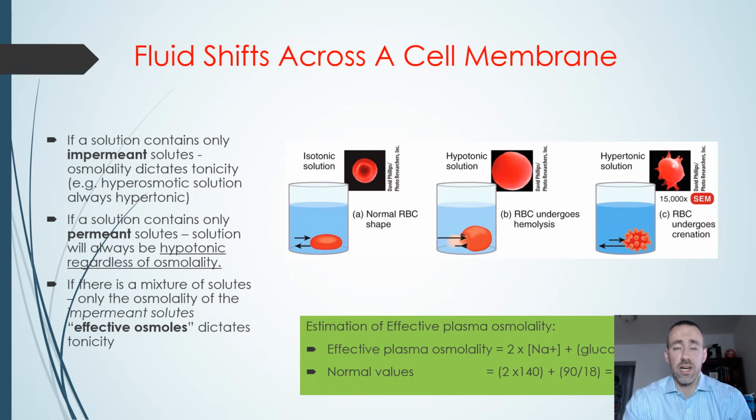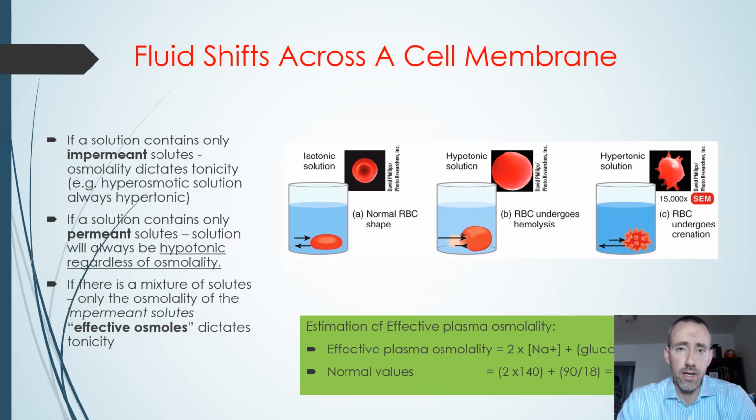So this slide is actually just going to summarize what I've just drawn out for you. But ultimately what it comes down to is if the solution contains only permeant solutes, then it's always going to be hypotonic regardless of whatever the osmolality is. So it could be hyperosmotic, hypo, or isoosmotic. It'll always be hypotonic though. It'll always cause fluid to move into the cells.